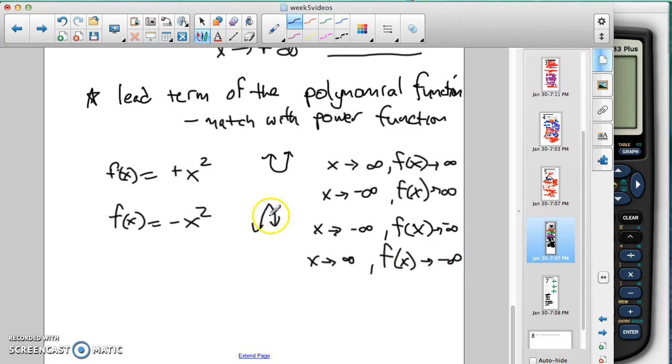So both of these go down as we go left and right, and this happens on any even power. Even power functions have this rule. So if it's x to the 4th power, it's going to follow the same thing. If it's x to the 6th power, it's going to follow the same thing. If our lead term of the polynomial function is an even power, it's going to follow the same thing.